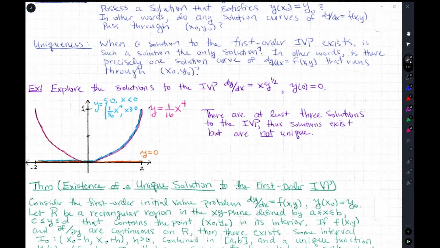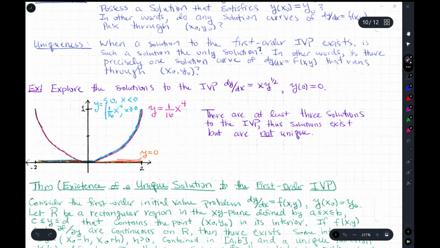That was a solution to the differential equation for sure. We actually could obtain it from the one parameter family of solutions, and choosing y(0) equals 0 would have fixed c to 0 in that one parameter family. And so we would get y equals 1/16 x to the fourth, and it is indeed a solution to the initial value problem.